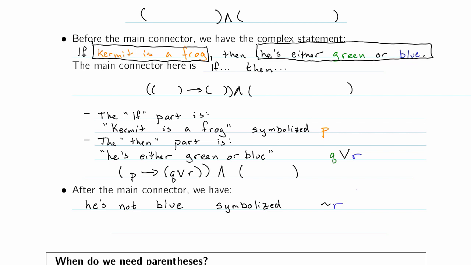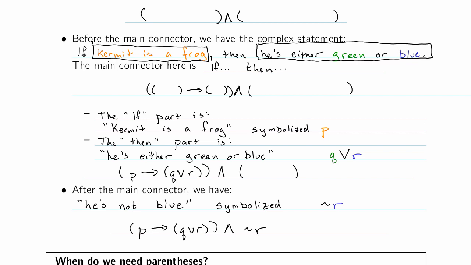Not R is he's not blue. So our statement then, we have P, then Q or R, and after the and, we just have not R.